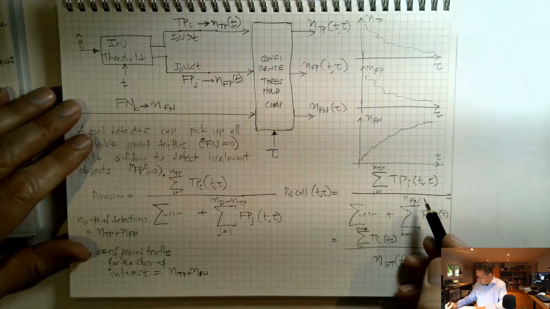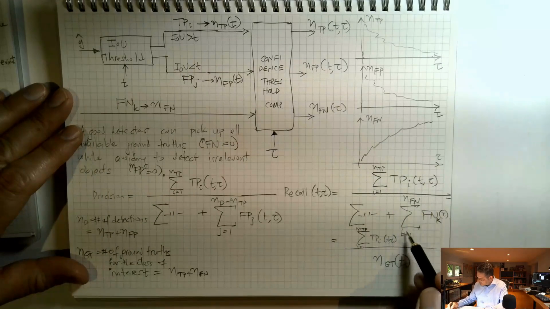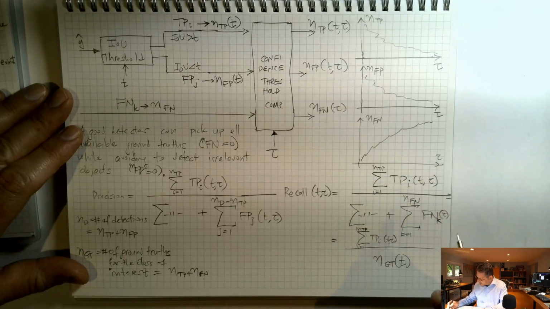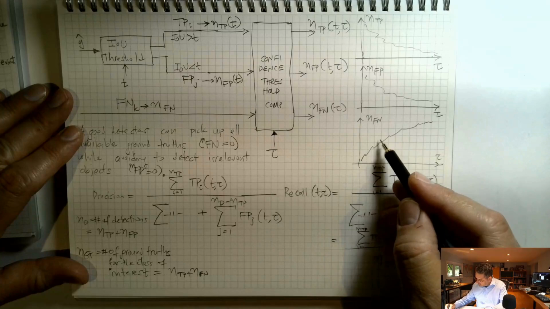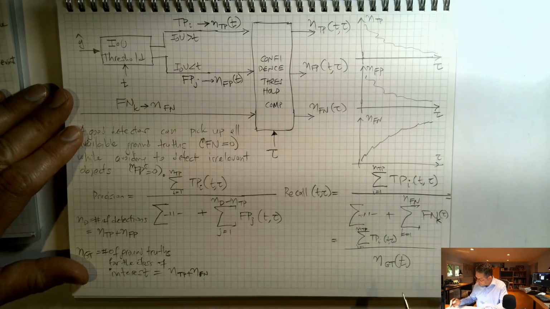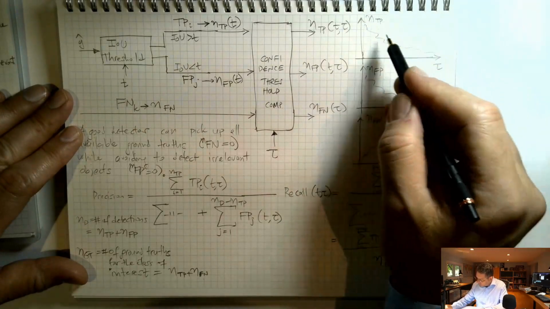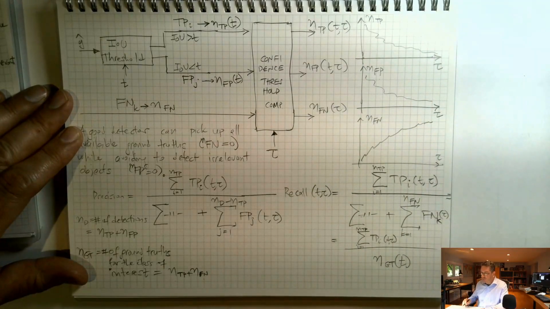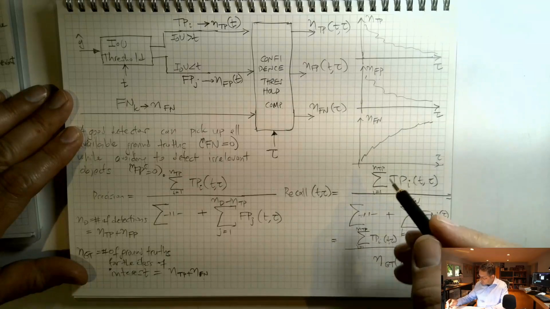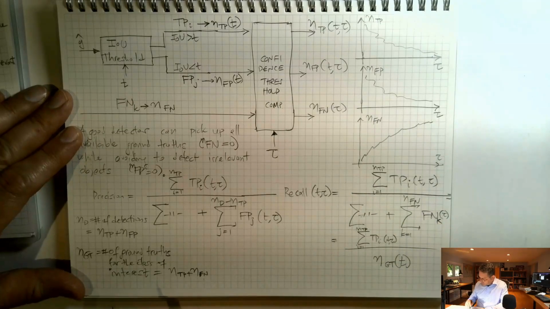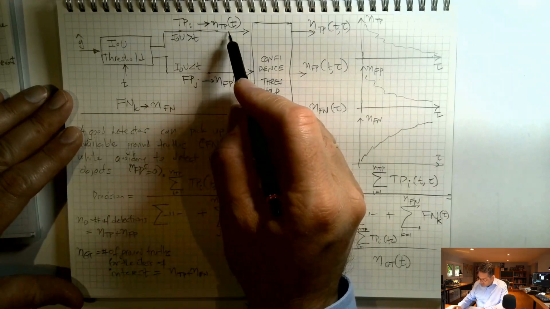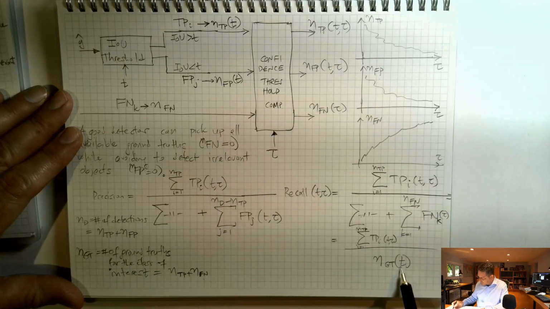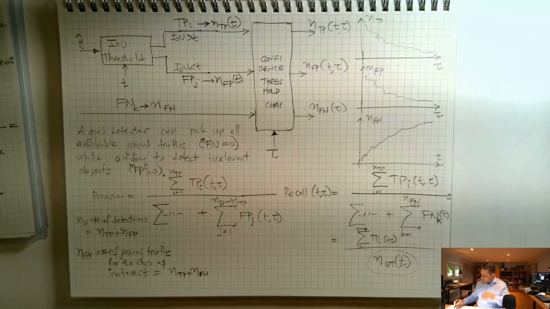Despite the fact that the number of false negatives is an increasing function of tau, the number of true positives is a decreasing function of tau. Their summation is not going to be affected by tau. It's going to be a constant, and it's only affected from the dependency of the true positives with respect to tau. So that's the reason why we have only a function of tau in the denominator here.